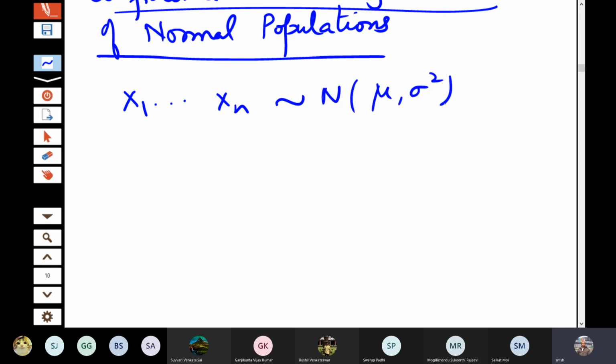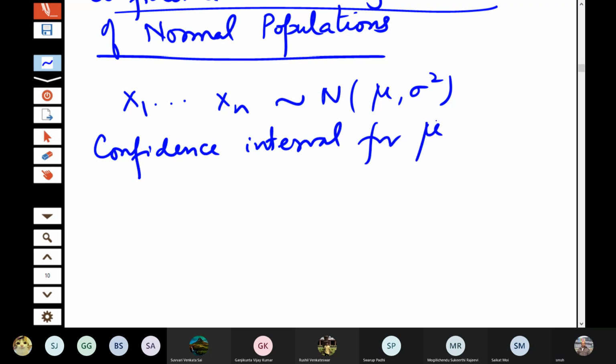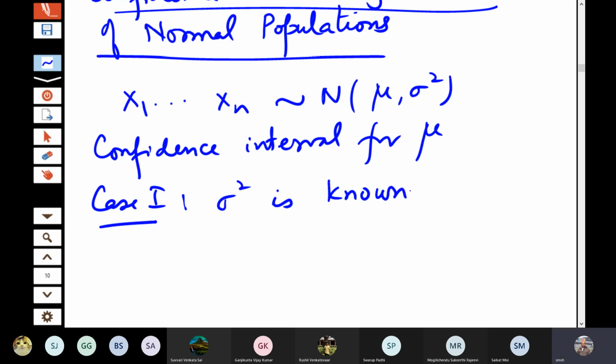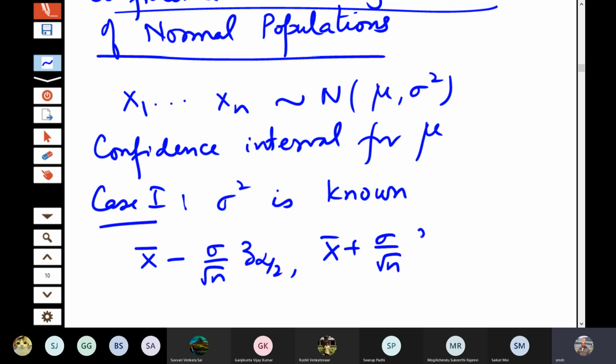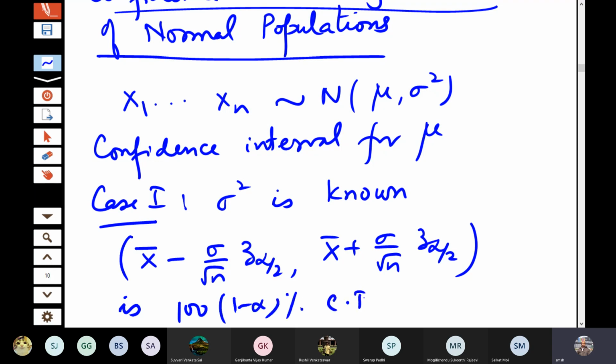Confidence interval for mu. First case is that sigma square is known. If sigma square is known, then the confidence interval is X bar minus sigma by root n times z alpha by 2, to X bar plus sigma by root n times z alpha by 2. This is the 100(1 minus alpha)% confidence interval for mu.